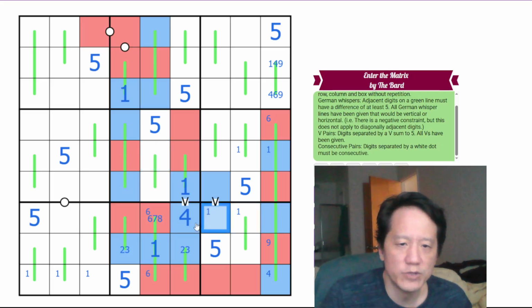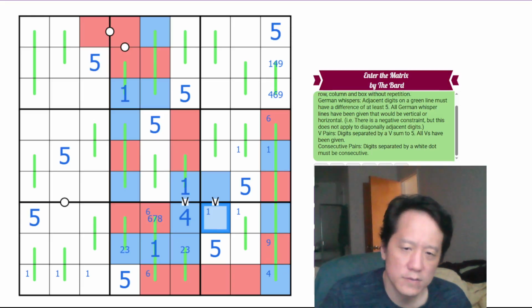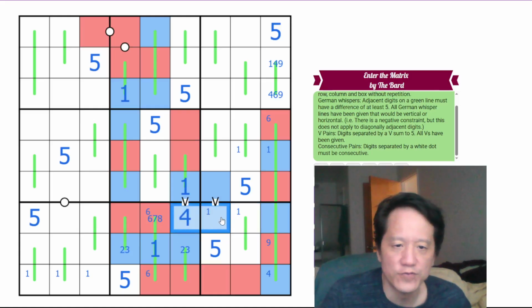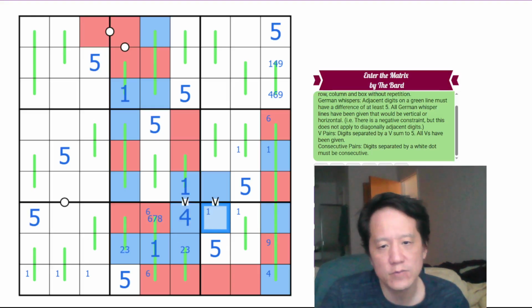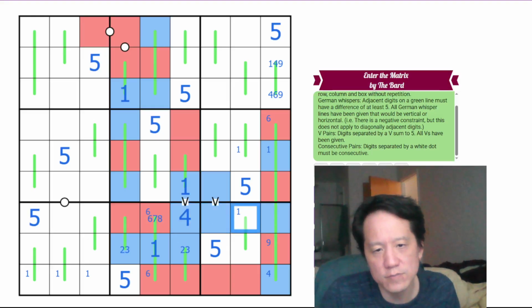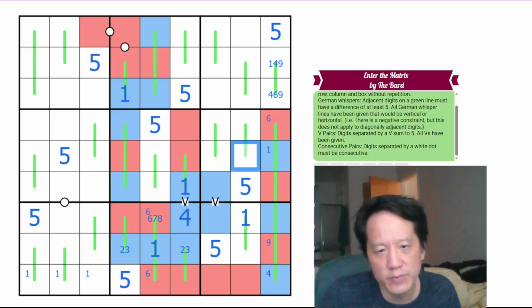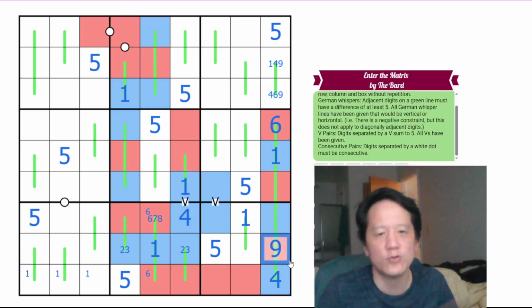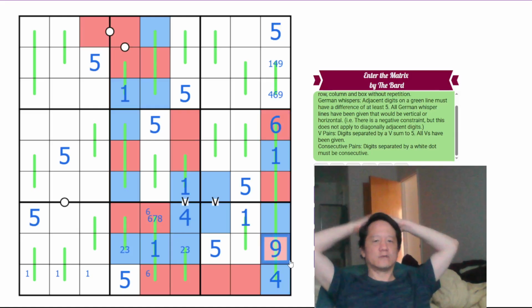This can't be 1 because it's next to 4, and there's no V in between them. So this is 1, which means this can't be 1. This is 1, which forces this to be 6. But then this has to be 4 and 9, and we have a contradiction here.